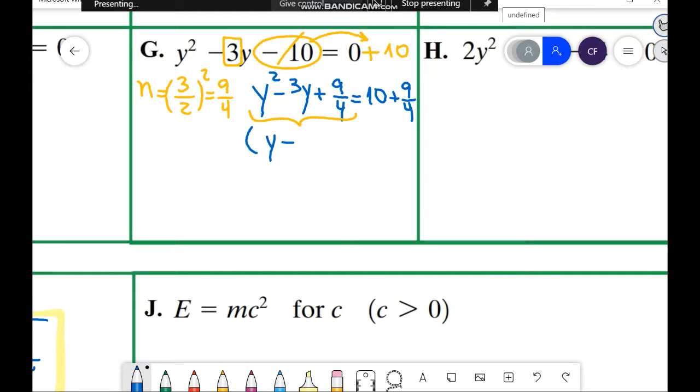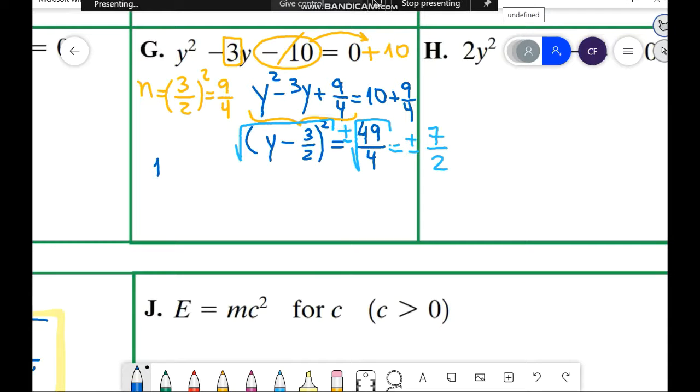B is the square root of 9 over 4, 3 over 2. You square, and add 10 plus 9 over 4 is 49 over 4. Apply square root on one side, apply square root on the other side, don't forget the positive or negative, and you're going to find here positive or negative 7 over 2. Okay?